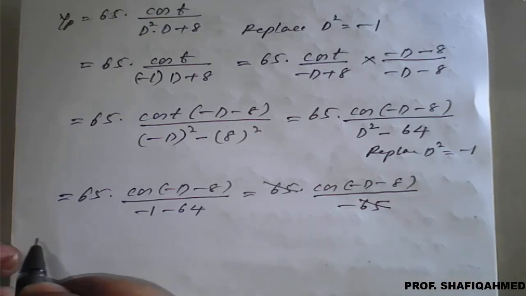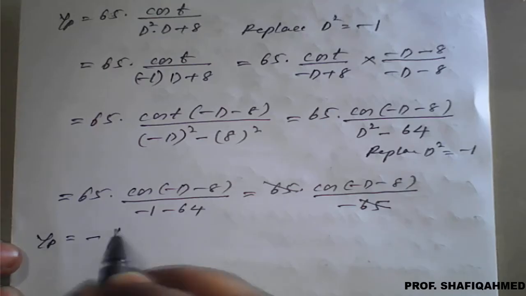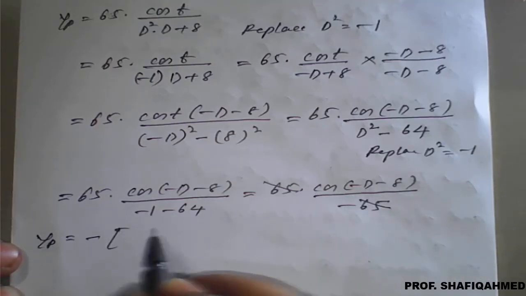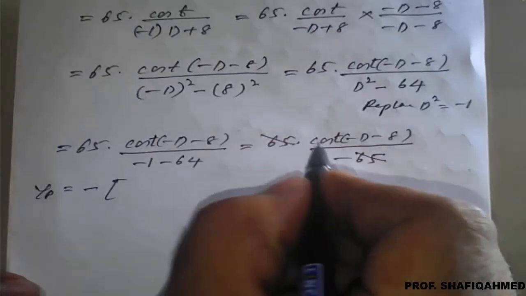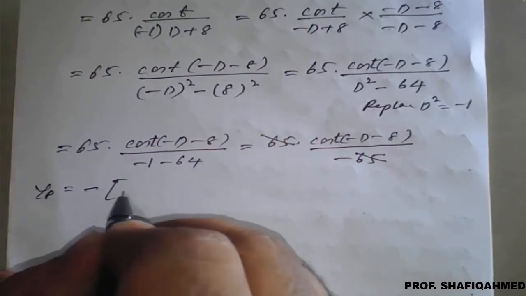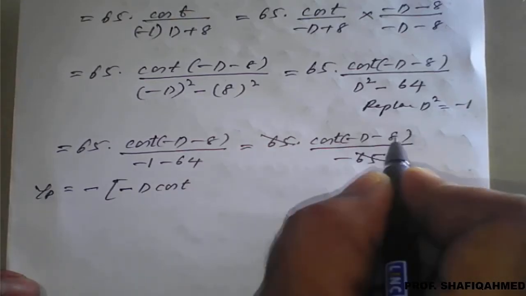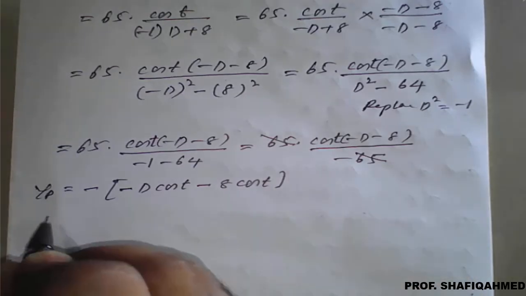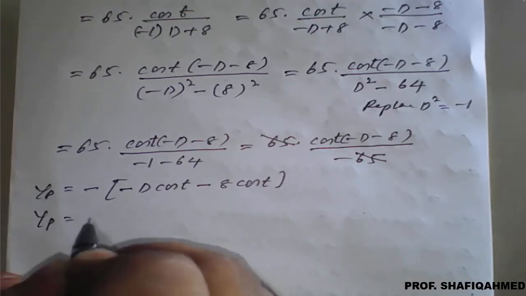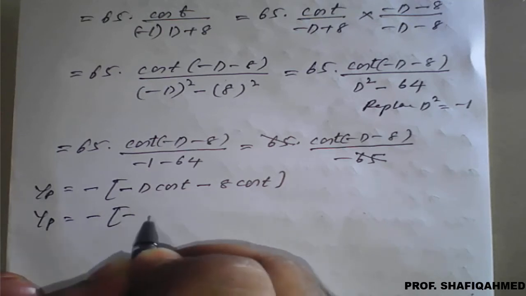So therefore our yp will be minus, as it is, open the bracket: cos t into minus D, I will write minus D times cos t, then cos t into minus 8, that is minus 8 times cos t. So yp is minus, and the differentiation of cos is what here?